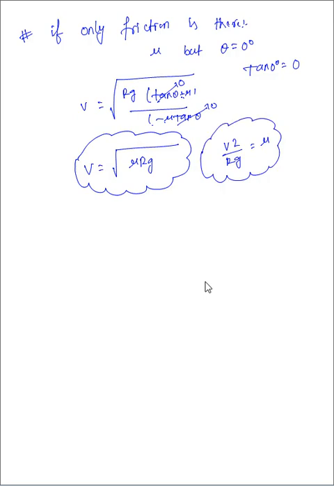Next, if only banking is there and no friction. Only banking means the mu value will become 0, friction is 0, and tan theta with theta will be there.